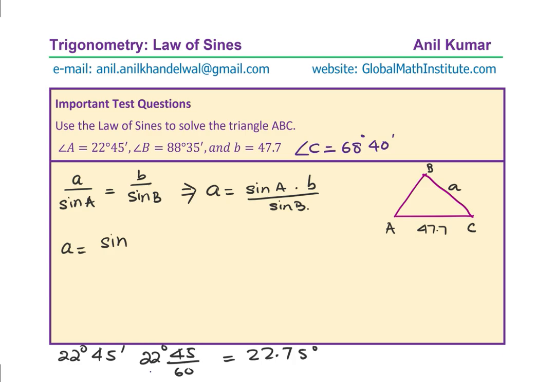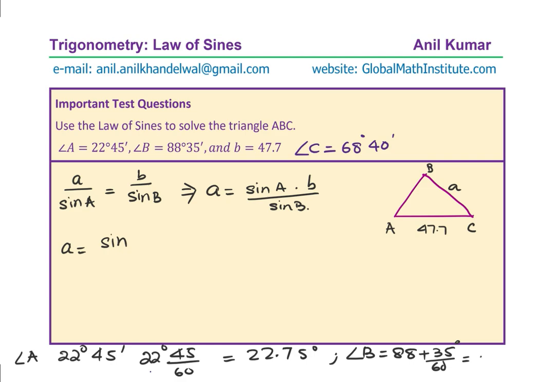Similarly, let's convert angle B also. Angle B is going to be 88 plus 35 over 60 in degrees. So 35 divided by 60 is 7 over 12, a decimal equivalent of 0.583.